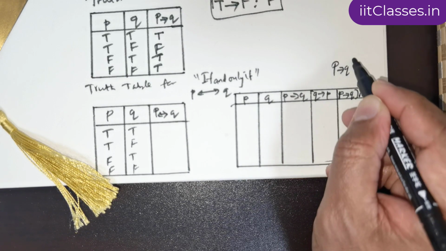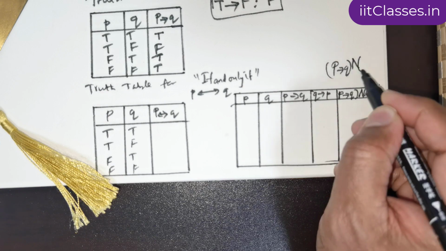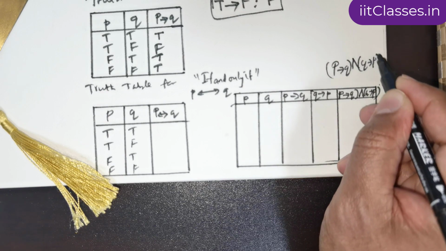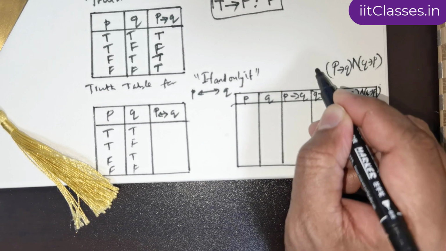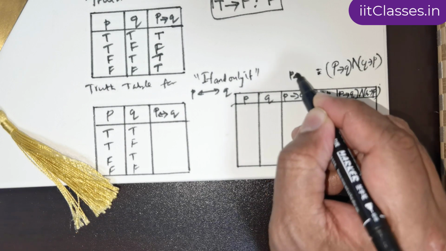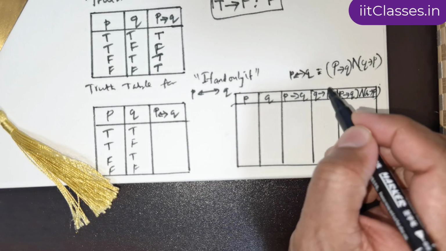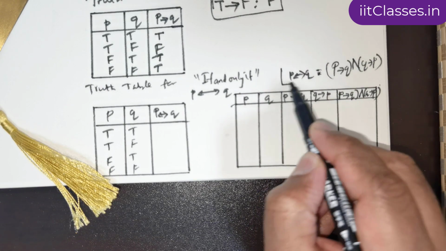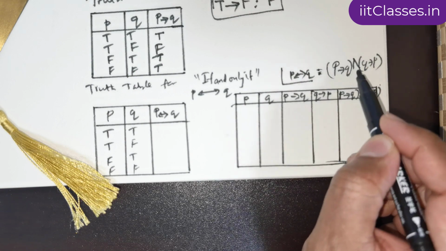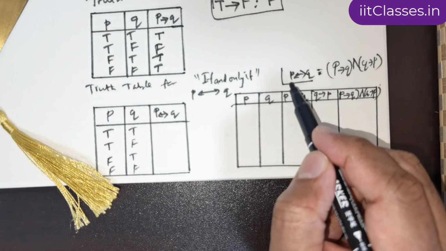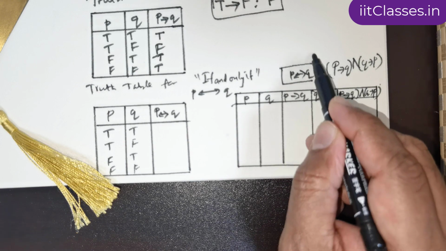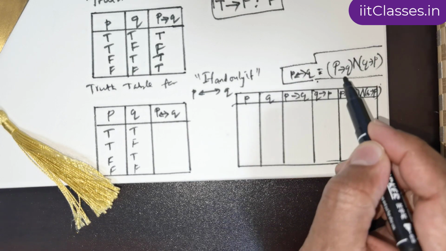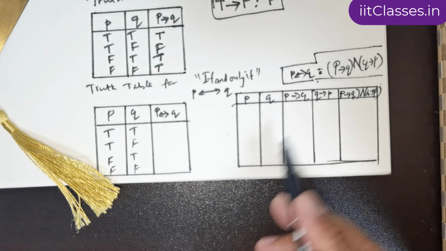P conditional Q conjunction Q conditional P. This is what is called a biconditional statement. So a biconditional statement is represented in this fashion: P biconditional Q, which is nothing but P conditional Q in conjunction with Q conditional P.